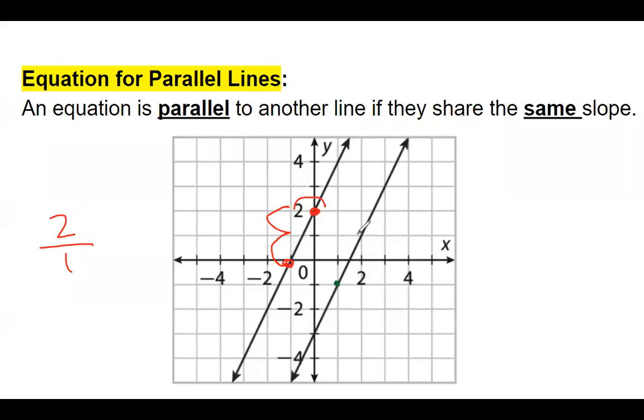What's my rise? 1, 2. What's my run? 1. So are these two parallel? Yes, they are. I need to make sure my slopes are the same. That's the same idea we'll continue to apply here. An equation is parallel to another line if they share the same slope.